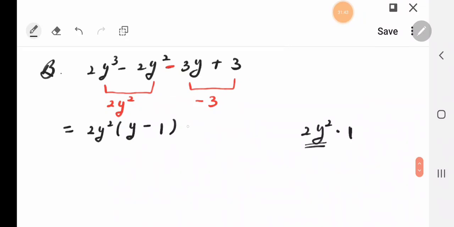Okay, the minus 3 is a common factor. So y is the leftover, and the plus 3, since we took the negative sign out, plus becomes minus 1. Same thing, 3 is equal to 3 times 1. So you can take this 3 out, then 1 is the leftover.